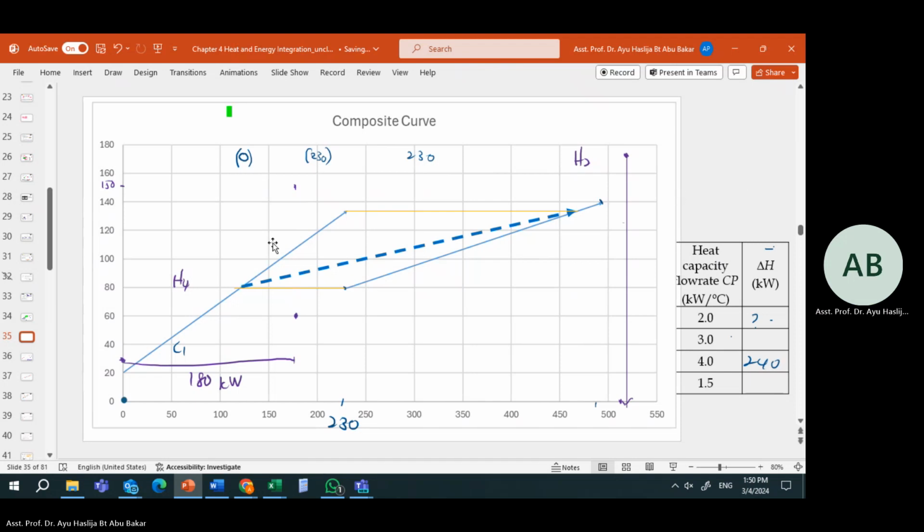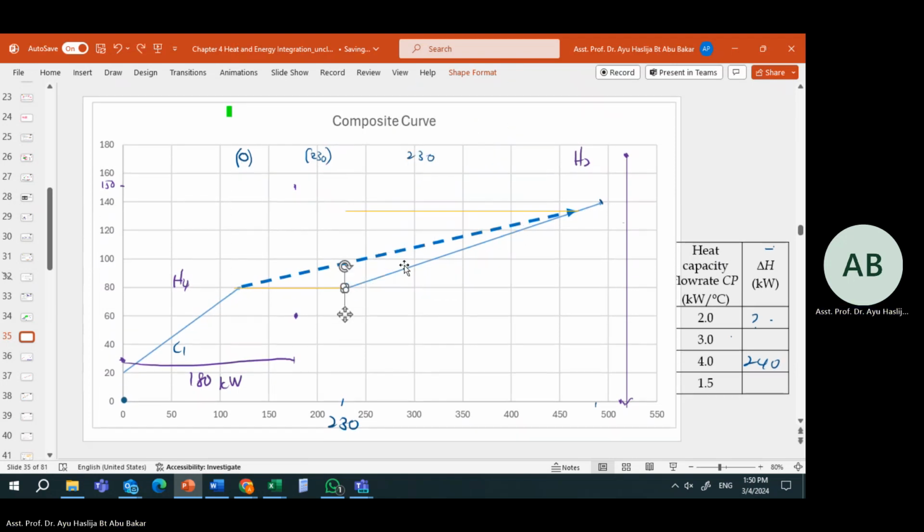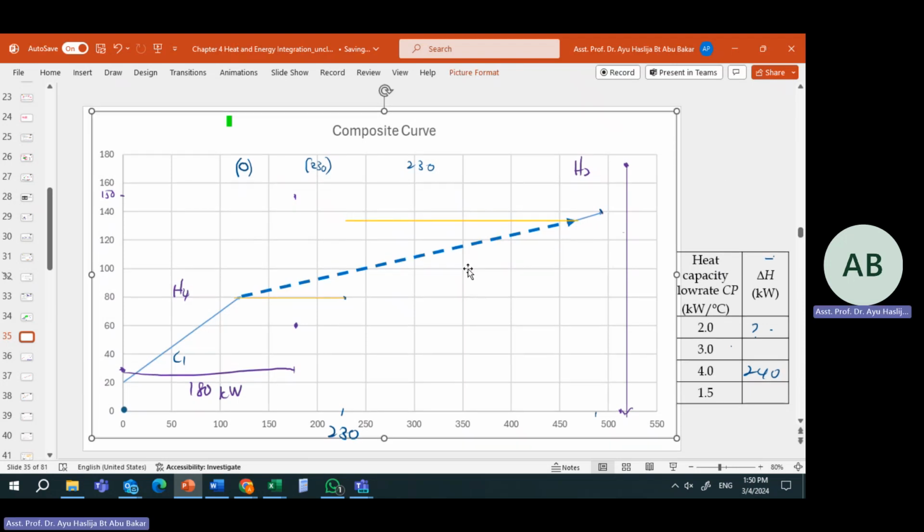So if in one straight line, only one line for cold stream, it will look like this.